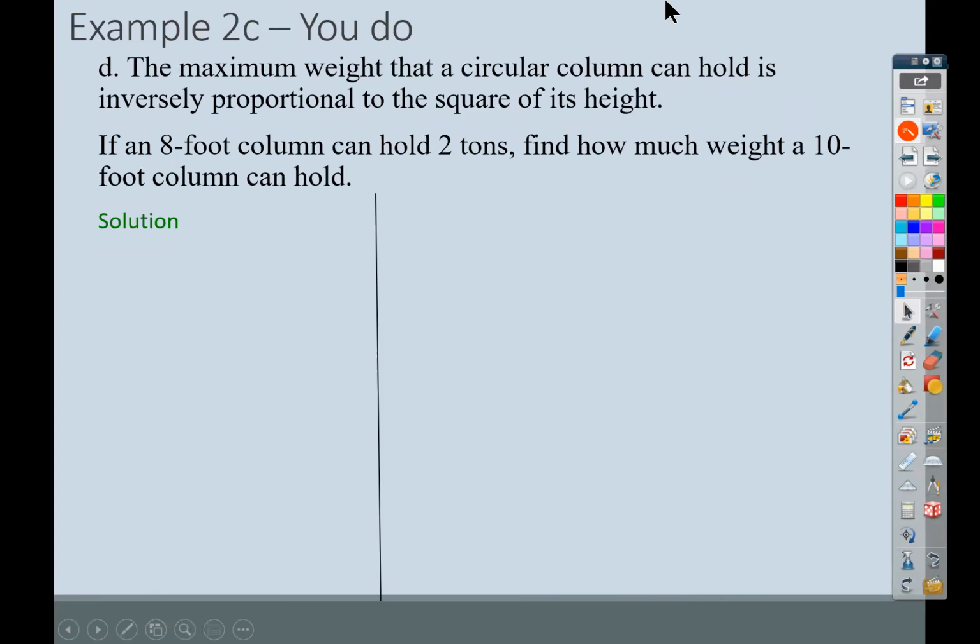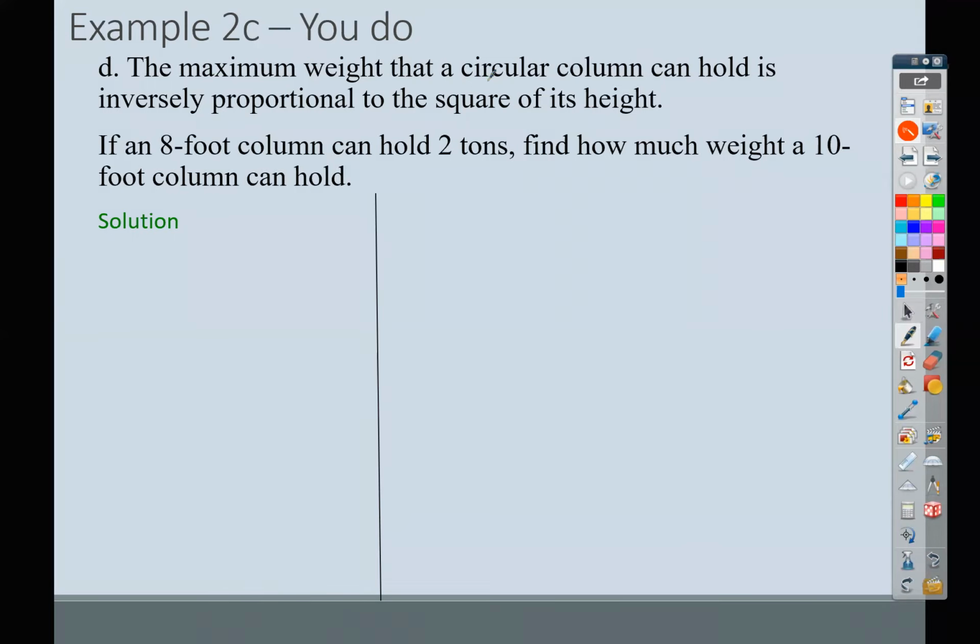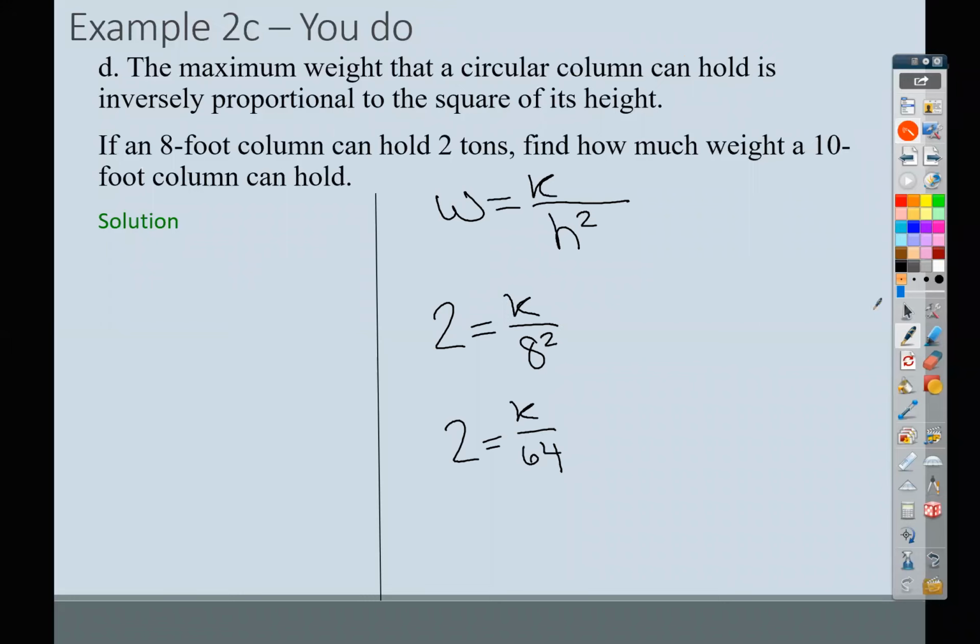Here's one for you to do. Go ahead and pause it. It says the maximum weight that a circular column can hold is inversely proportional to the square of the height. If an 8-foot column, so that's the height, can hold 2 tons, k would be 128, right?